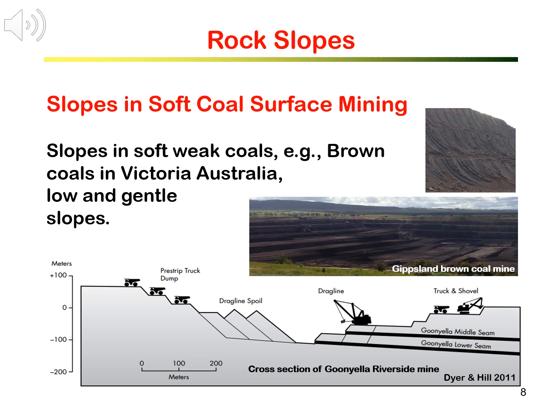The brown coals are soft and weak, and they behave like firm soils with very low strength. As we know, net slope angles in soft and weak materials are lower than those in strong and solid materials.